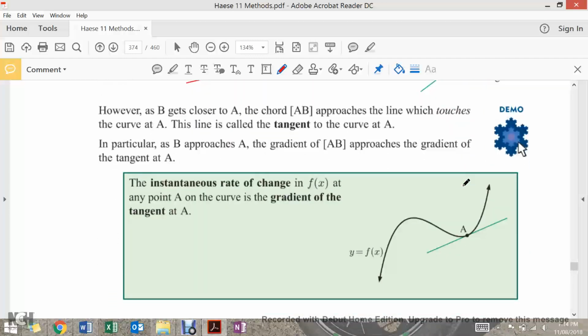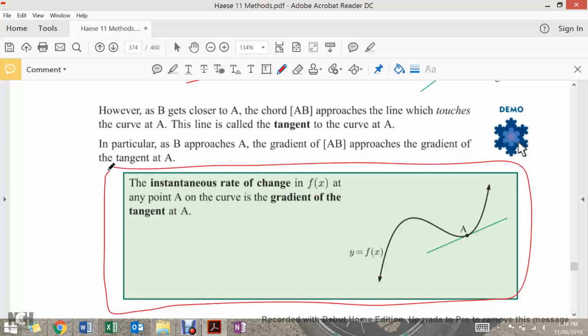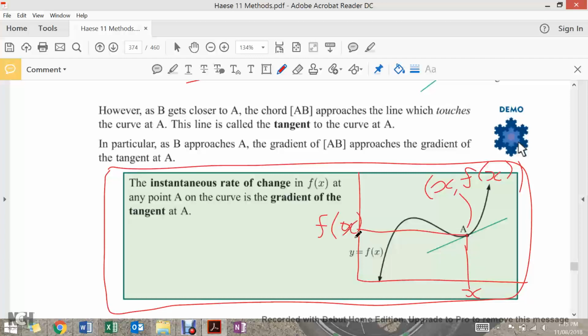So there's your first definition right there. Get this green box down and we'll talk about it. So what do we have here? We have our function f of x, and we have our point A. The coordinates of point A will be x and f of x. So, for example, if I draw an xy axis, there's point x on the x-axis, there's point f of x on the y-axis.